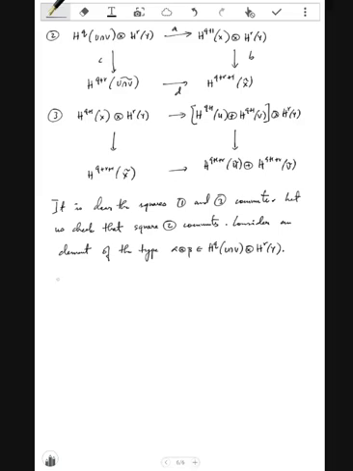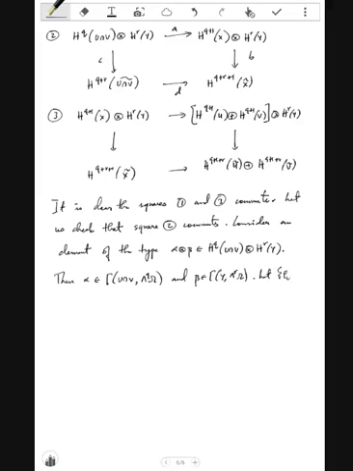So then alpha is represented by a form and beta by another form.